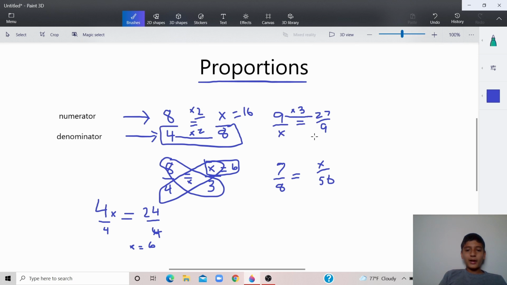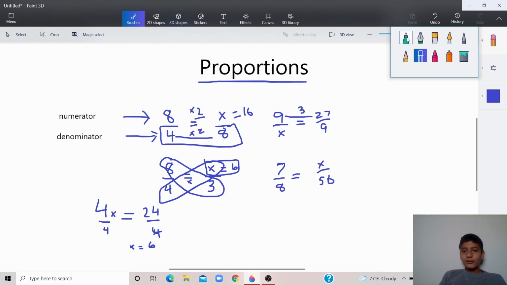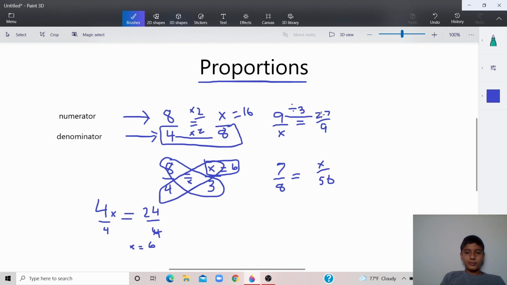To find out what x is, we erase the multiplication sign and put a division sign instead. We divide by 3 to get from 27 to 9. If we do the same thing here, we divide by 3 and we get x equals 3. We can confirm this is correct because 9 divided by 3 is 3, and 27 divided by 9 is 3 as well.